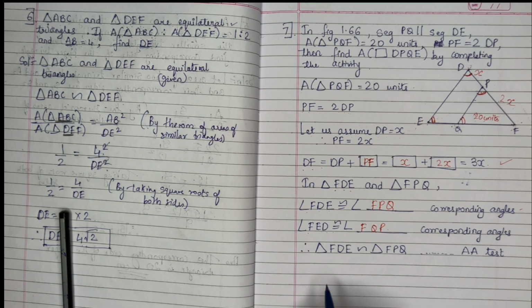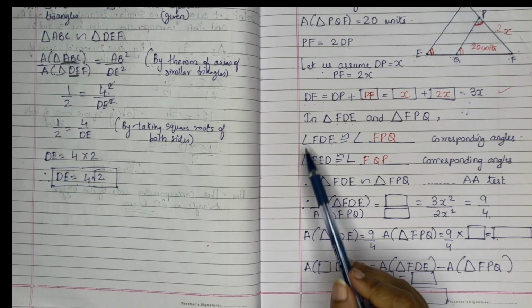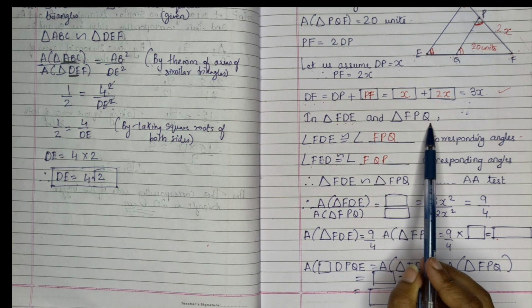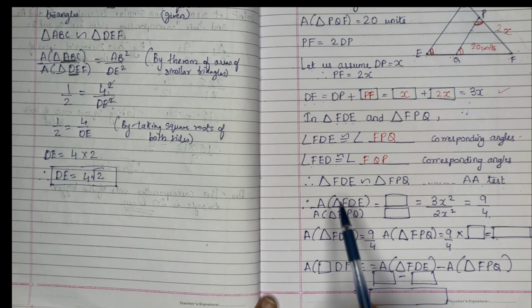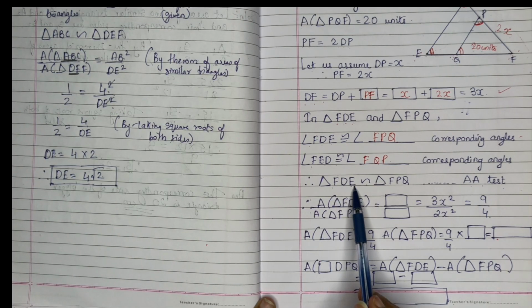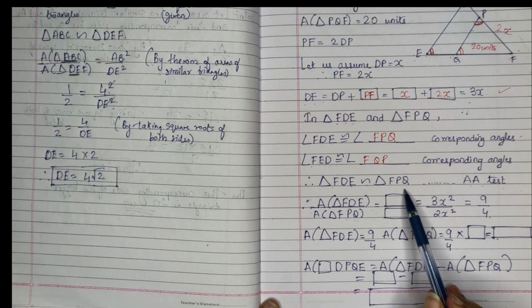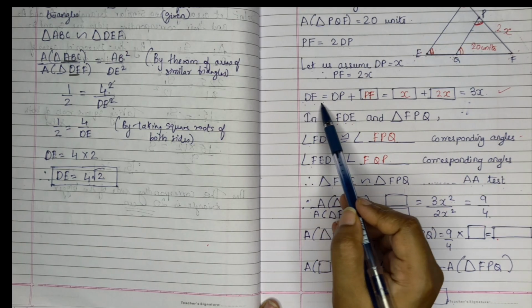After proving that we got two equal angles, these two triangles FDE and FPQ are similar by the AA test of similarity. Therefore, area of triangle FDE upon area of triangle FPQ is the ratio of the squares of the corresponding sides. Which corresponding sides do we take?